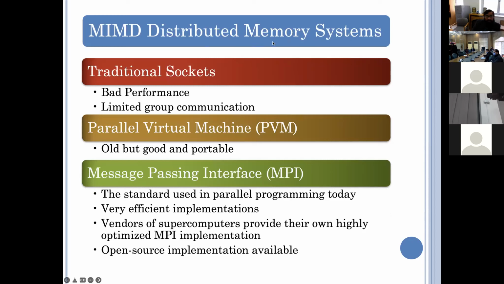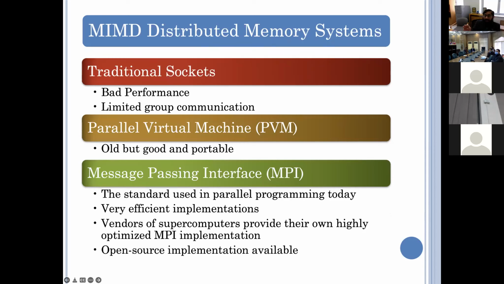For distributed memory systems, the traditional way to do programming is socket programming that I have told you. You have to open a socket and then send data, and on the receiver end, you receive the data. The problem is it has limited group communication, bad performance, and the major problem is scalability.